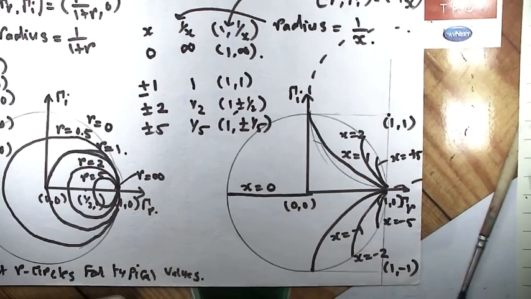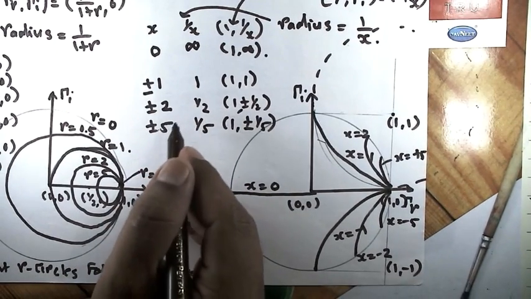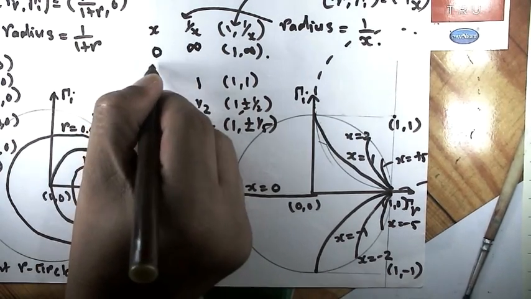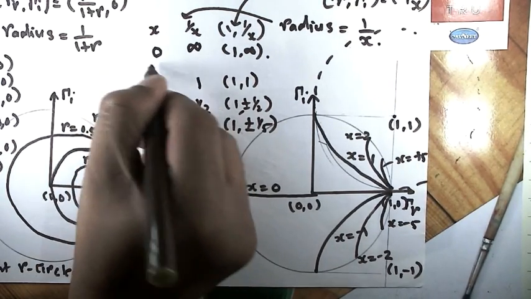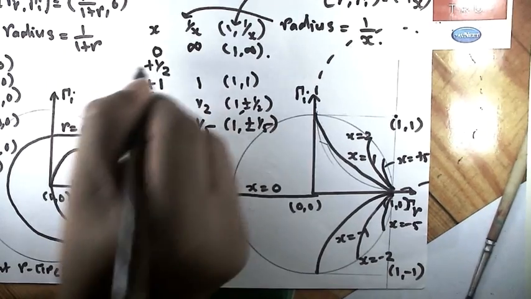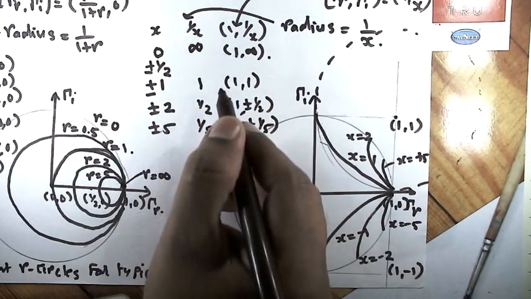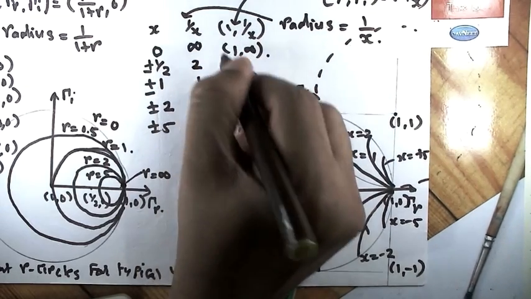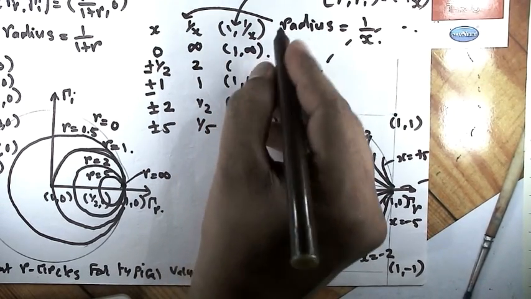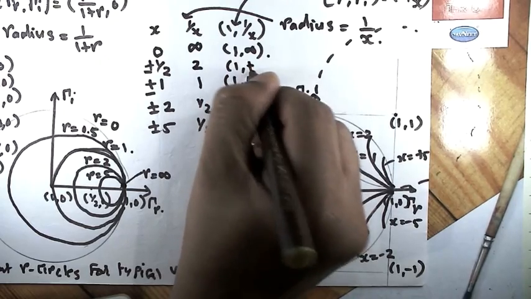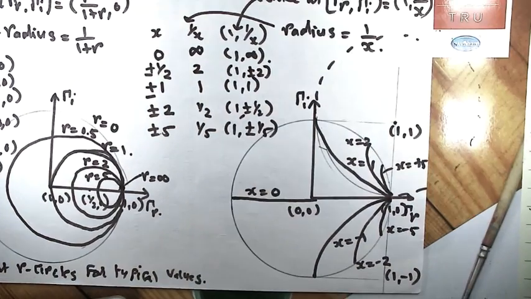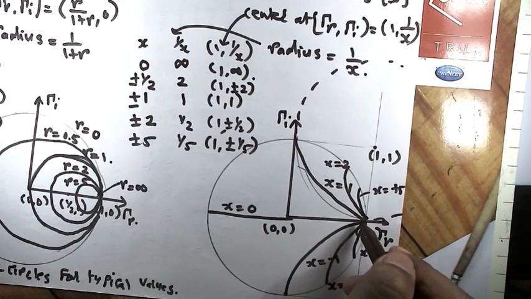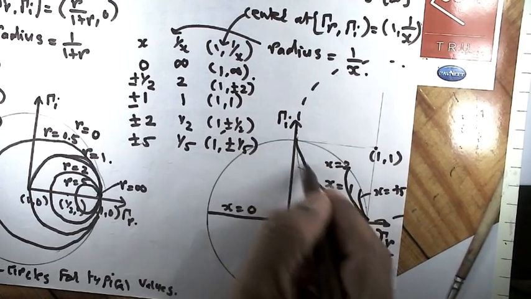Suppose you use a value of x which is lesser than 1, for example 1 by 2, positive and negative. In that case you will get the radius become 2 and the center point will be at (1, plus or minus 2). For this case we can see that the circle will be larger than these ones.